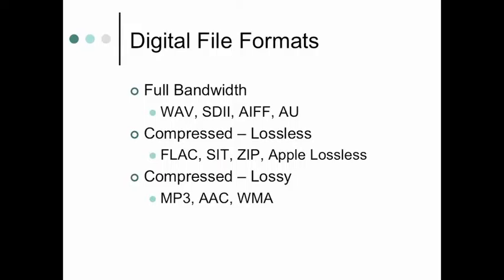You can take a WAV file and compress it, and there's 2 ways of compressing. There's lossless and lossy. Lossless file formats are sitting right here. So there's FLAC, and SIT, a zip file that everybody's probably familiar with. A zip file takes the data and with a certain algorithm makes it smaller.